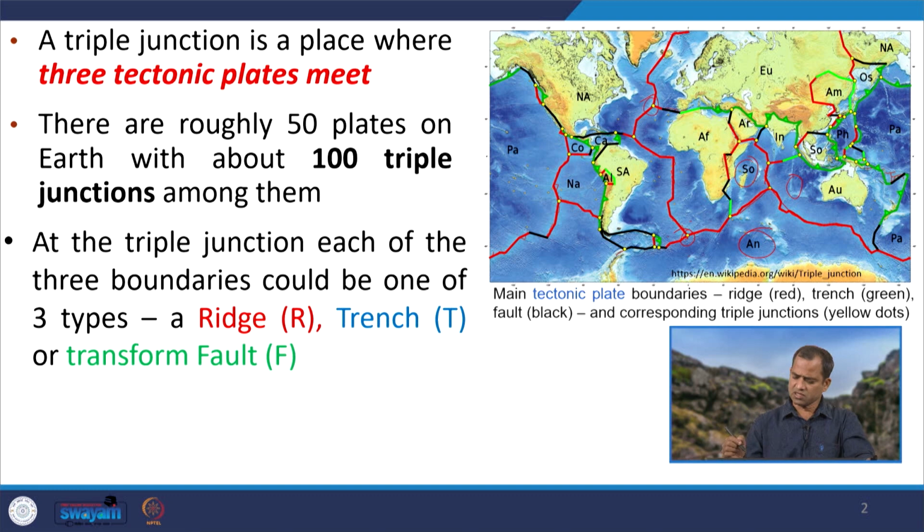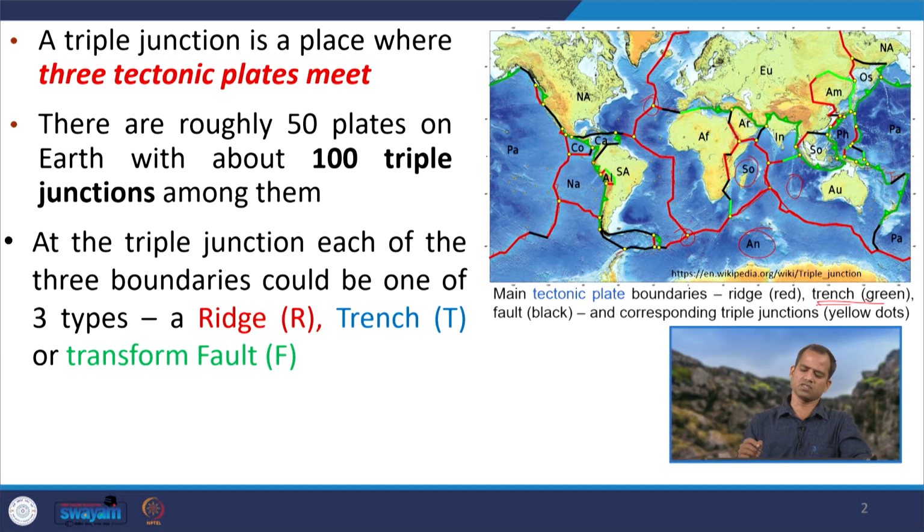But if you see the nature of the triple junctions, for example, here this triple junction is around a trench, then ridge, then again a trench. So, trench, trench and ridge. Here it is ridge, ridge and ridge, and here it is ridge and trench.